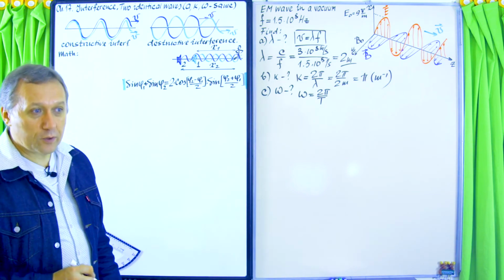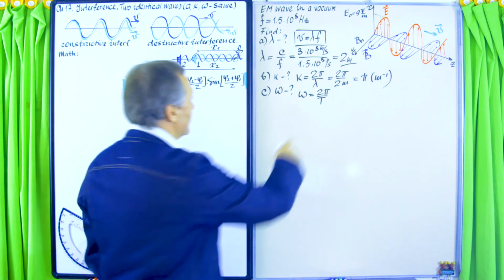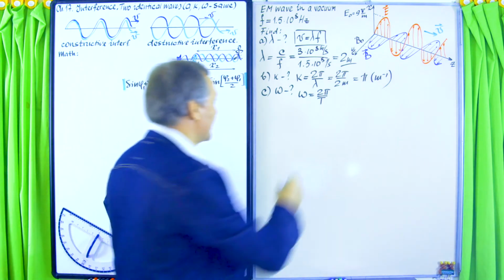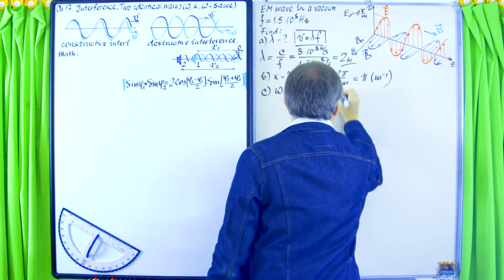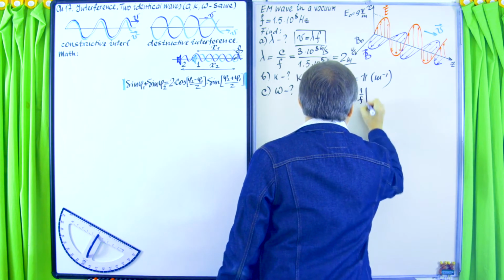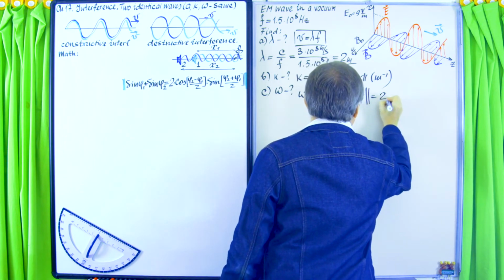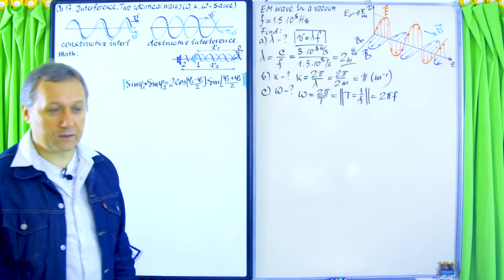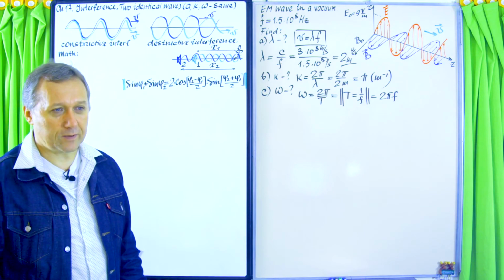We don't know the period right now, but we know the relationship between the period and the frequency. They're reciprocal to each other, so period equals 1 over f. As a result, it will be 2 pi times f, and the frequency was given from the very beginning.